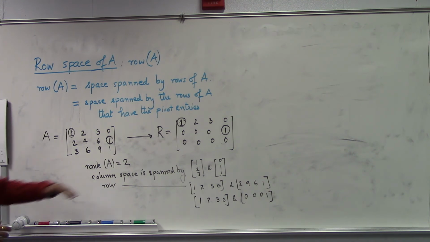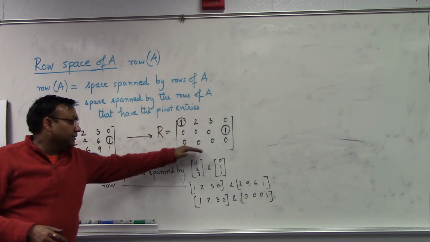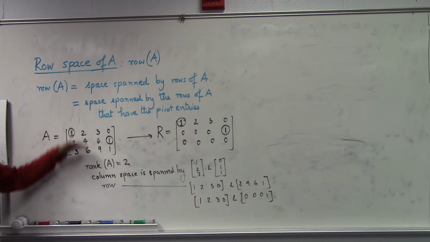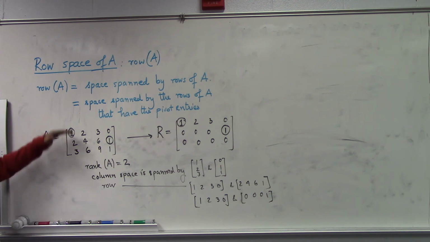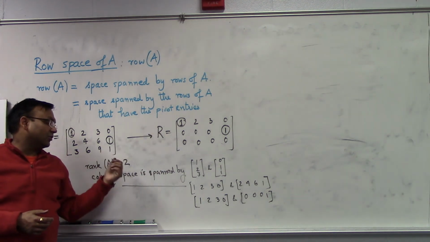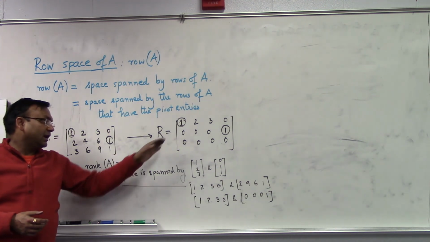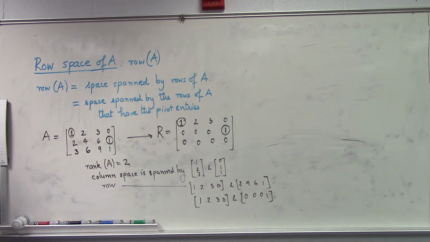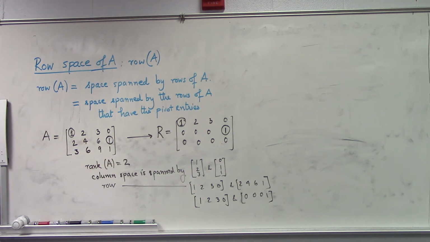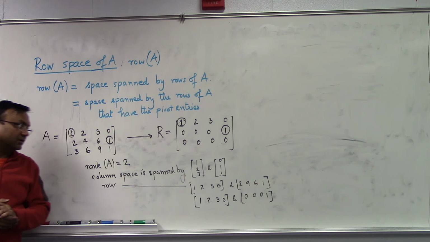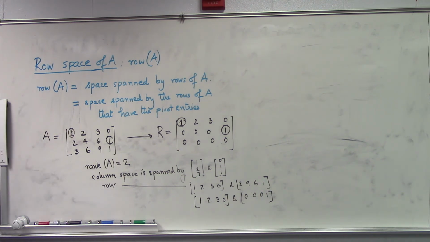Any row that I get in the reduced form is a linear combination of the rows of A. So the row space of R should be a subset of the row space of A. Likewise, I can reverse all the row operations and start from R and write A. So every row of A is a linear combination of rows of R. So every row of R is a linear combination of rows of A, and every row of A is a linear combination of rows of R. So their span must be the same.